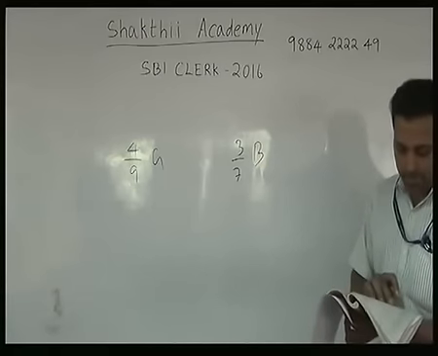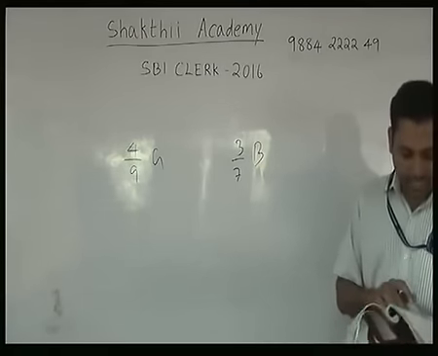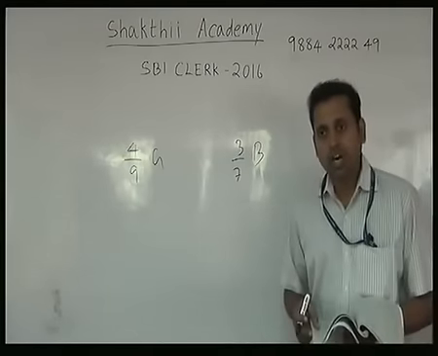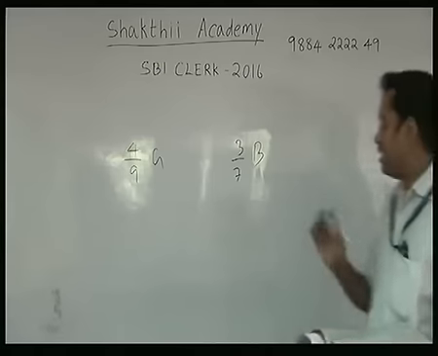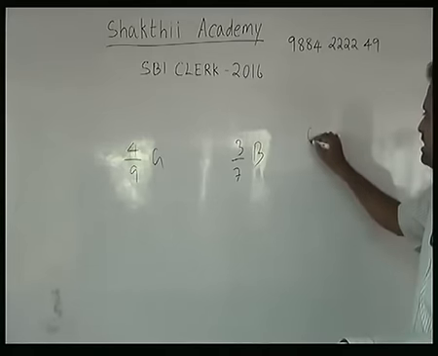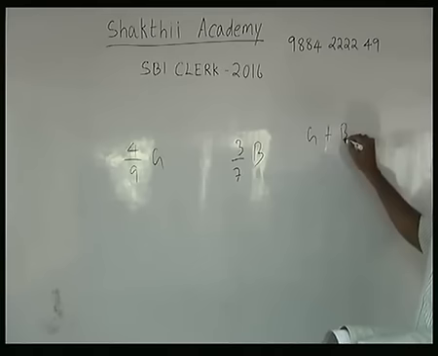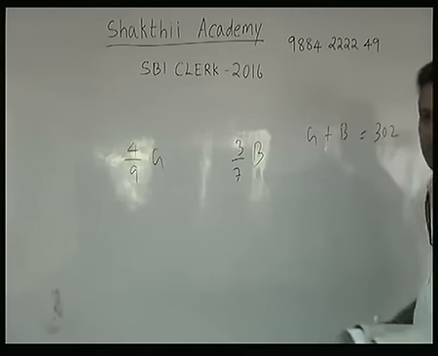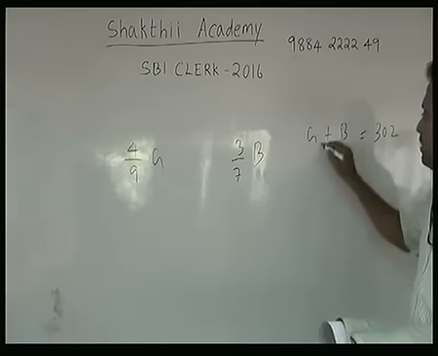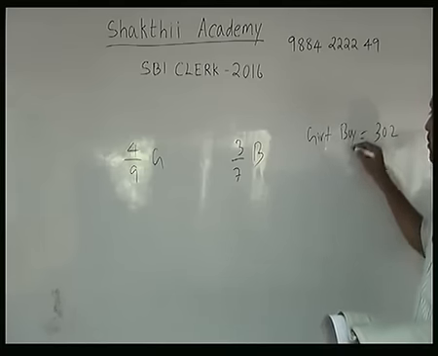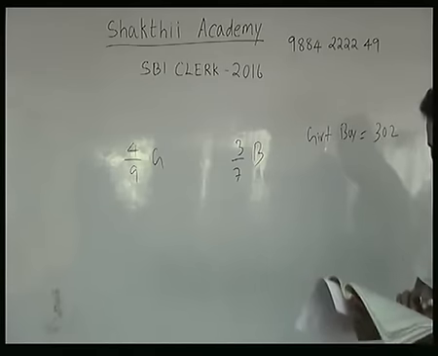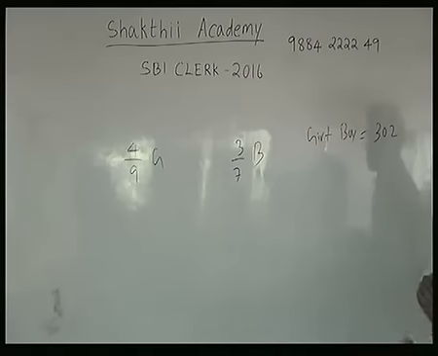Now it is given in the question itself. Totally how many students are participating? You know very well, girls plus boys equal to 302. Correct or not? Number of girls plus number of boys equal to 302. But it is given that out of which 138 are boys.